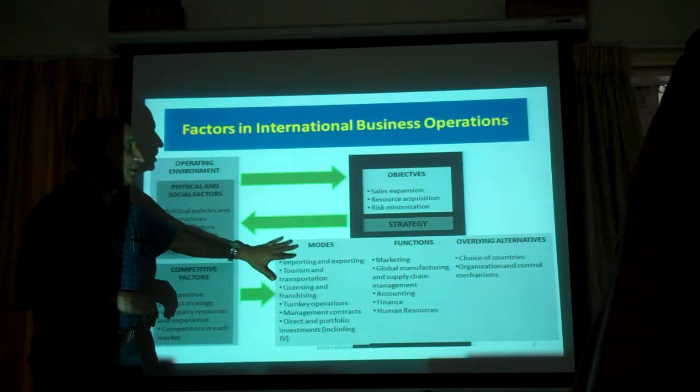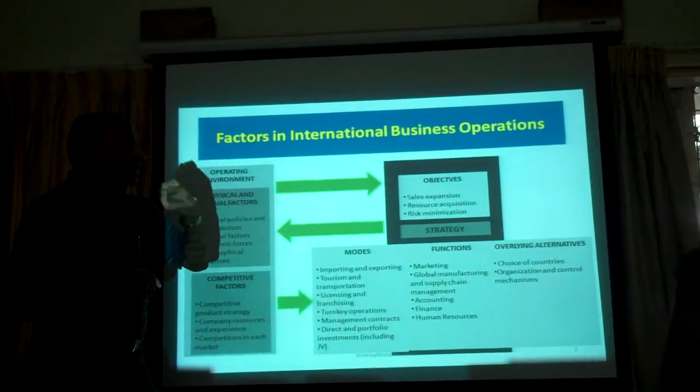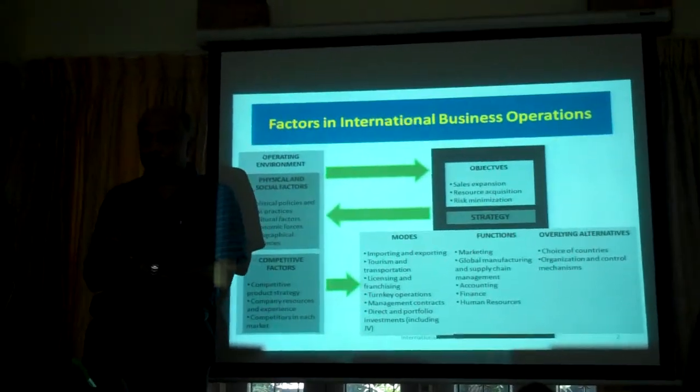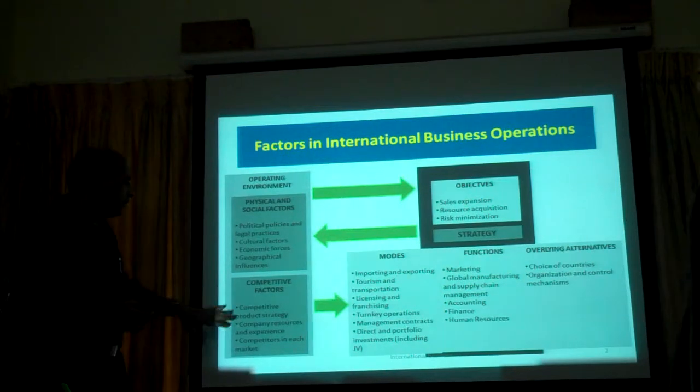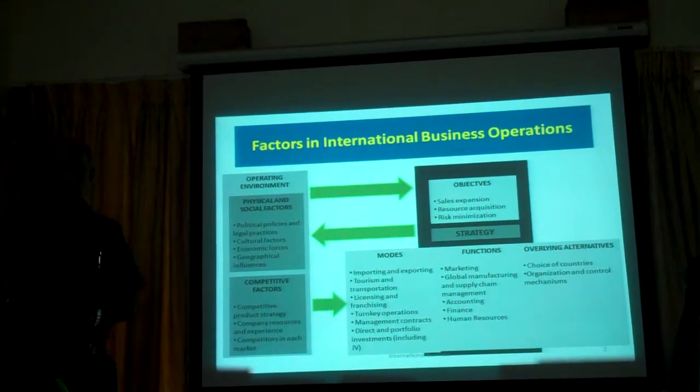How you are going to enter that market is a strategic decision you have to take. The third strategic thing is, how do you choose a country? Given all these competitive factors and all the social factors, how do you choose a country?